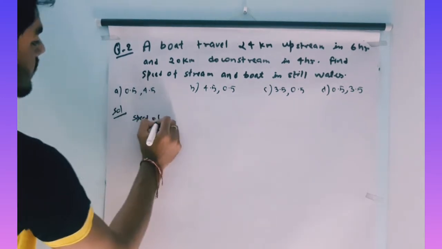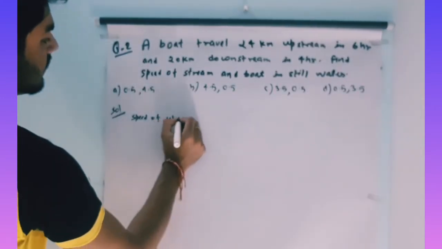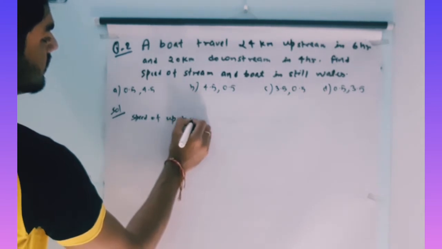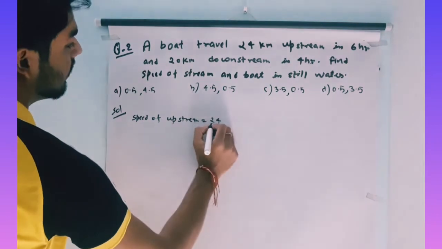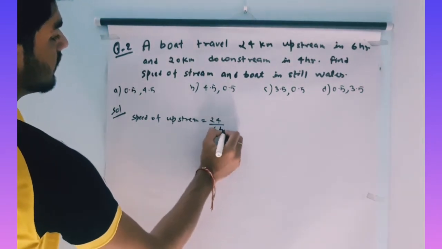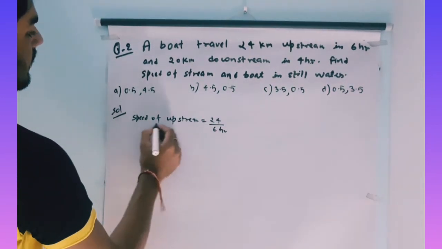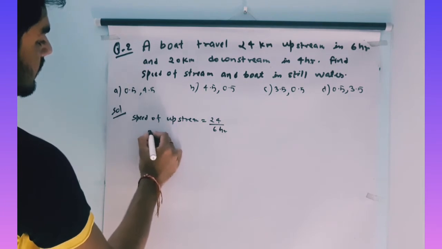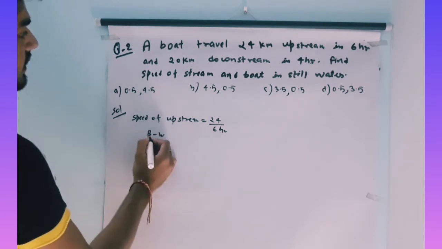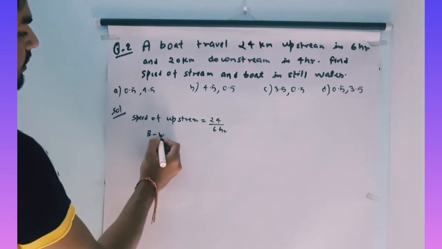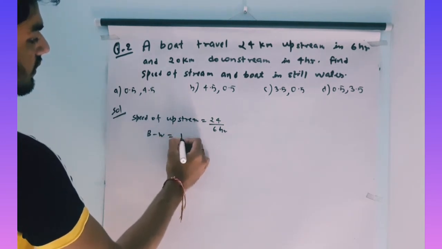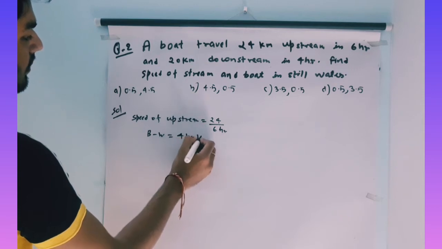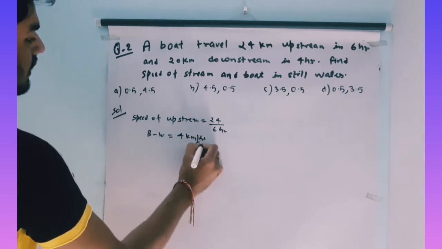So speed of upstream is equal to 24 distance divided by 6 hour time, and we know that the speed of upstream is b minus w, where b is boat speed and w is stream speed. So we have 4 km per hour, equation 1.